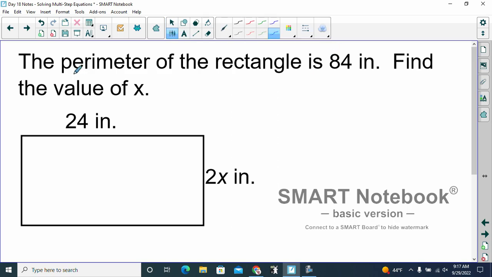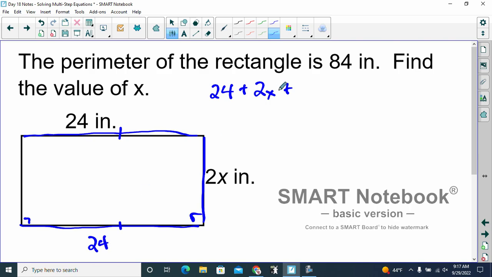So perimeter, remember, means to add up all the sides. So we need to add up all the sides of this rectangle. This side right here is 24 inches plus this side here is 2x inches. This side, remember, a rectangle, these are right angles, and these two sides are equivalent. So if this one's 24 inches, this one's also 24 inches.